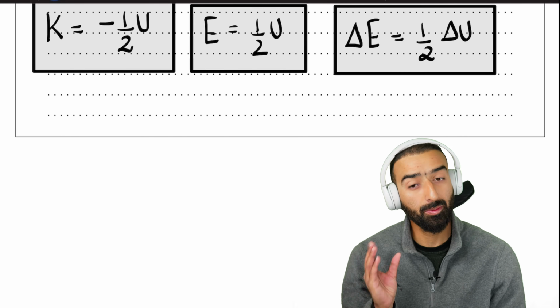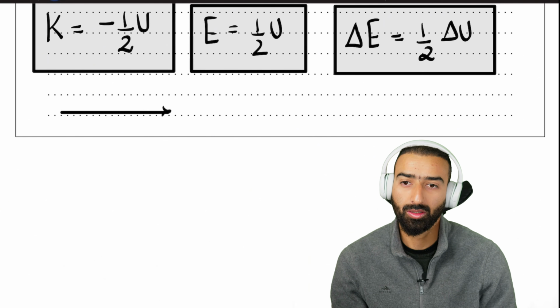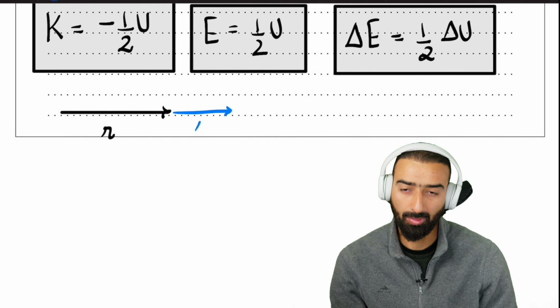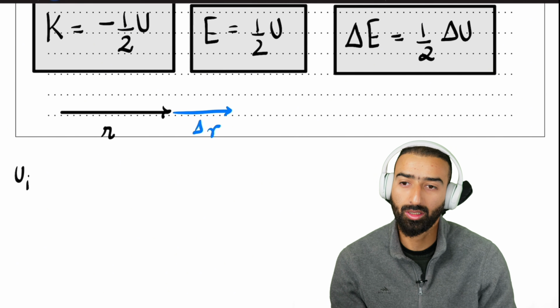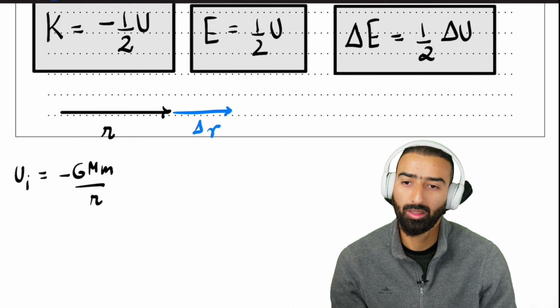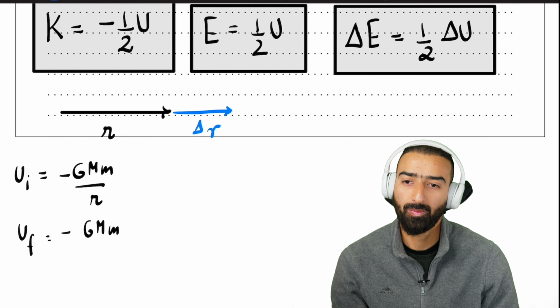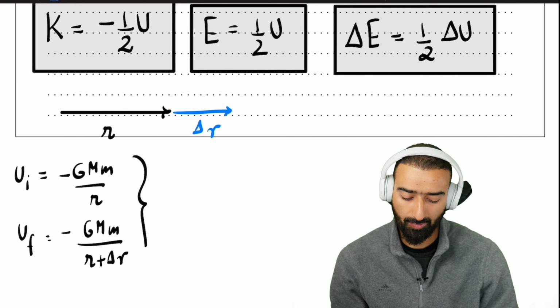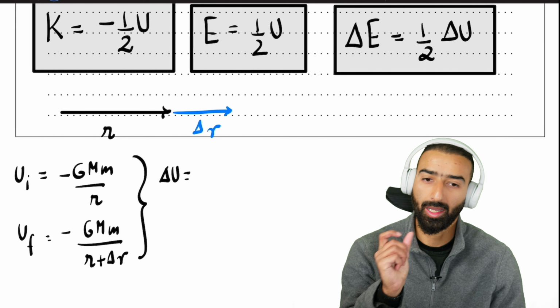Now we can return to our original problem, which stated that the initial distance, let's say, was r, and the distance increased by an amount delta r. Let's find out the initial potential energy. U initial would be minus GMm over r, while the final potential energy would be minus GMm over r plus delta r. Using both of them, we can find the change in potential energy, which is final minus initial.